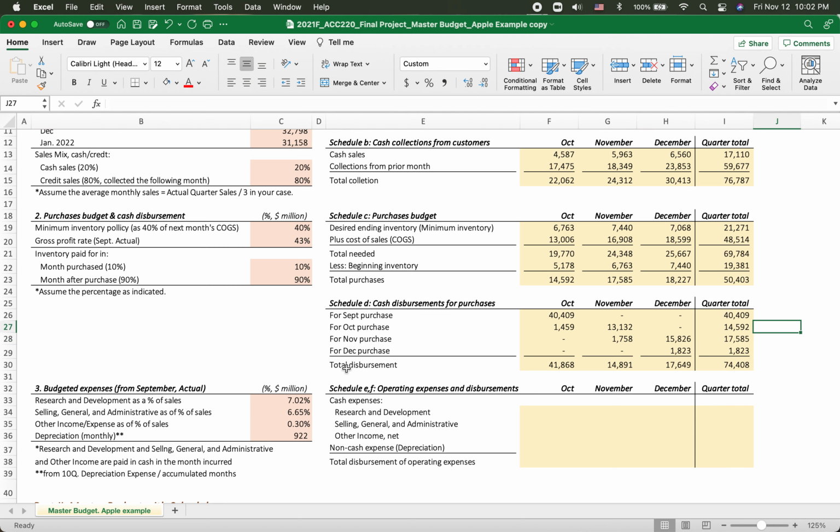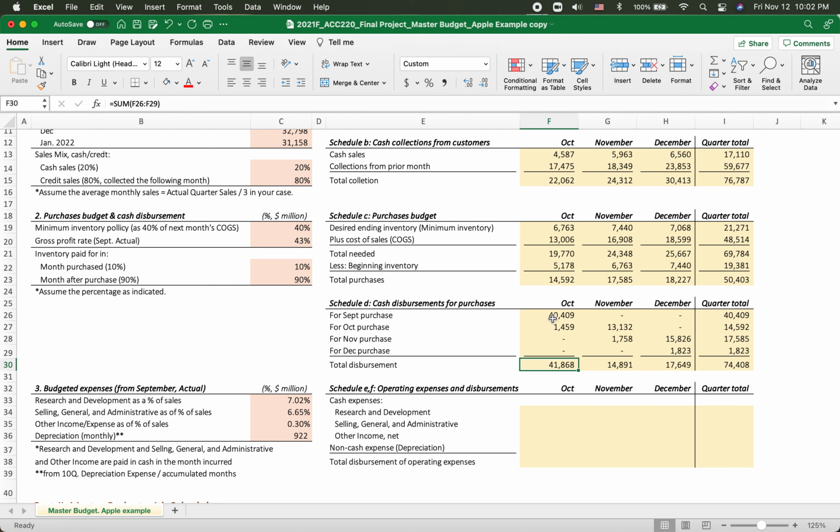So total disbursement 41, and total purchase 14, and the November purchase and the disbursements are different, right? Totally different. Especially on October, you should be careful, because the actual disbursement, the payment, is greater than the purchase.